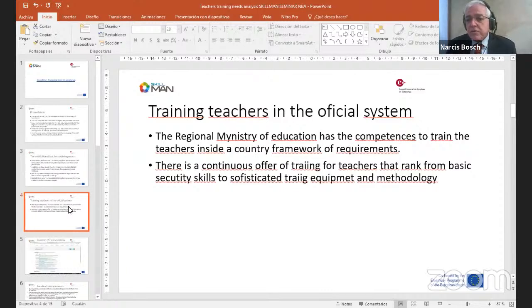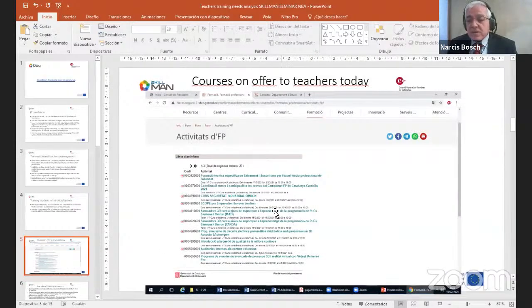There is a continuous offer of training for teachers that runs from basic security skills, for instance, to sophisticated training in equipment and methodology. As an example, if you enter the web page of the regional ministry, you find that today you can apply for 27 courses addressed to teachers of vocational training.